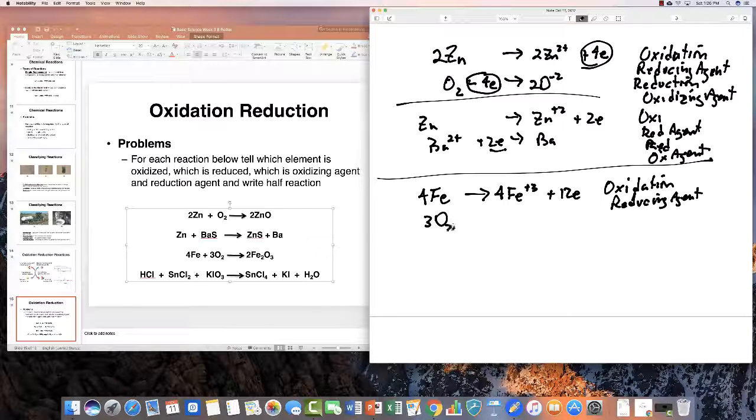There's 3 of these, and it goes to form 6 altogether. 3 times 2, 6 oxygen 2-, and it has to gain 12 electrons in order for that to happen. So it's the reduction side. It is reduced, and it is the oxidizing agent.